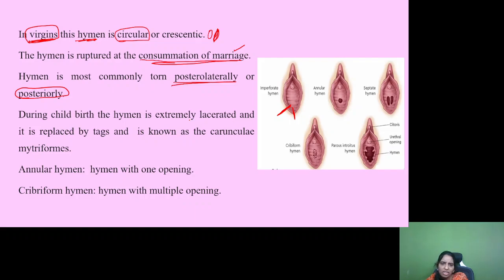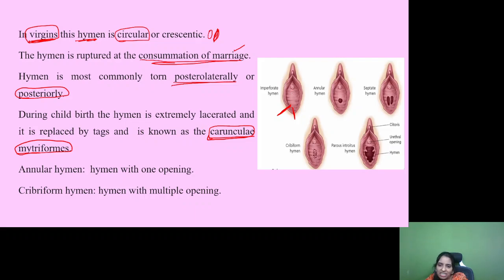This newly replaced hymen is known as caruncle myrtiformes. When it is replaced after childbirth, we call it caruncle myrtiformes. And we'll see regarding the different shapes of the hymen.